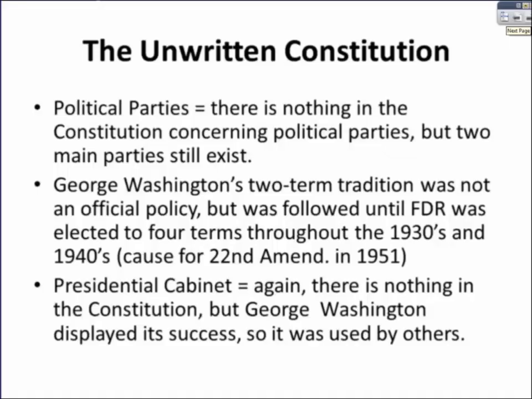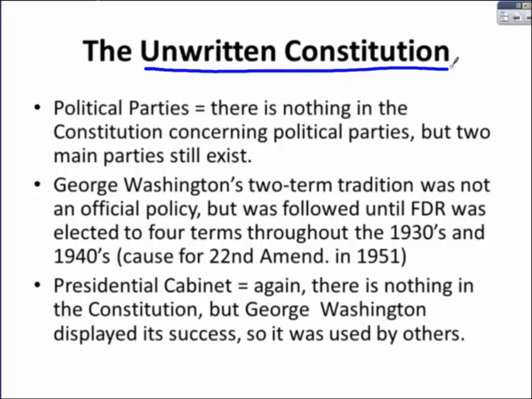The Unwritten Constitution. This is an important term because this is things that are seen as commonplace in our modern political system that really weren't written in the Constitution. They were just common practices that kind of become a part of our system that everyone agrees is a lawful and acceptable part of the system. Political parties is one.